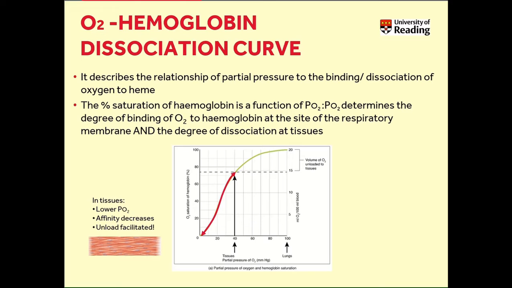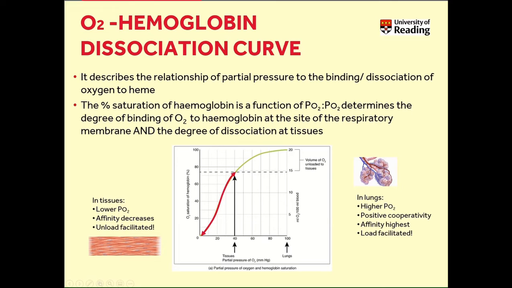So the unloading of oxygen to tissues is facilitated. On the other end, in the lungs, in the alveoli, where the partial pressure of oxygen is high, there is positive cooperativity, don't forget that. The affinity of hemoglobin for oxygen is high, so the loading of oxygen is facilitated.